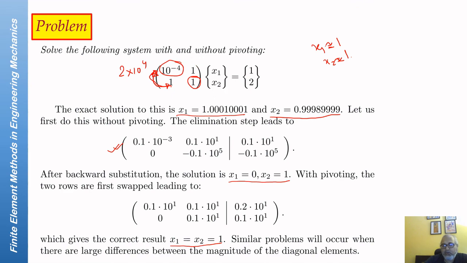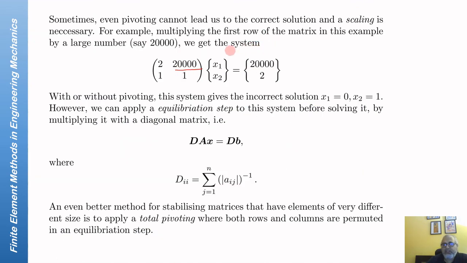The second row is not multiplied by anything. So the first equation I have multiplied by 20,000 on both sides. Now, even if you do pivoting here, you get an incorrect solution.